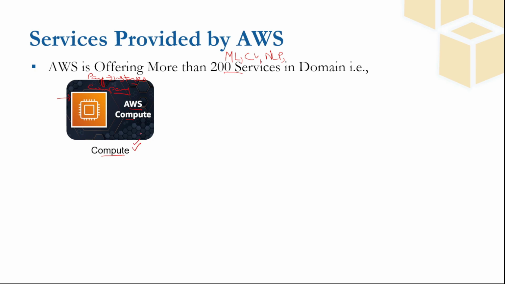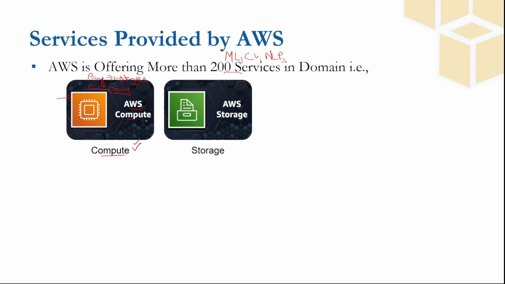Other than that, if you want to develop storage for your system, right, for your company, then you can also take a service such as AWS Storage. In AWS Storage, you can also have a lot of memory that is available on the cloud for you, right? And you can use that memory to save all of the documents and all of the material that is required for your company.